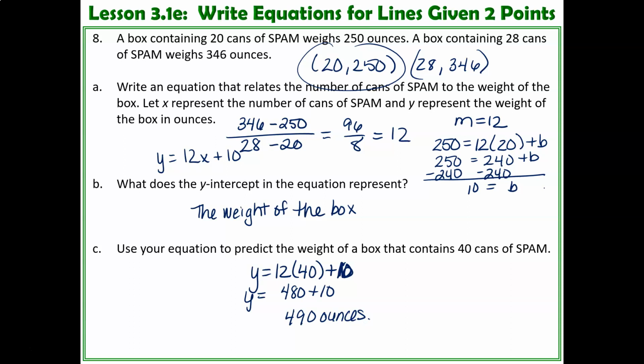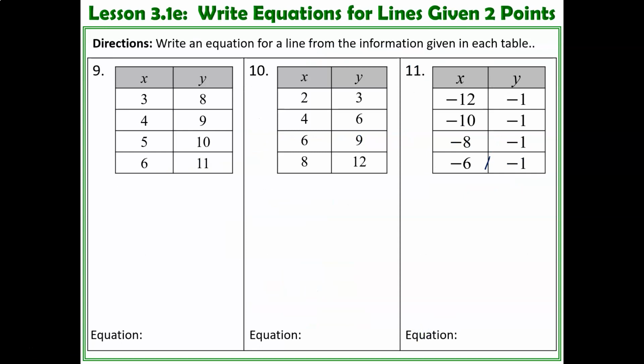All right, what's the next one? Okay, these next ones are tables. So you're going to write the equation from the table. So you need to find a slope using the slope formula. Look at your information from the table. So we're going to take 9 minus 8 over 4 minus 3, 1 over 1. So our slope is 1.